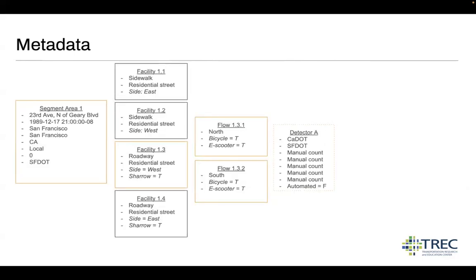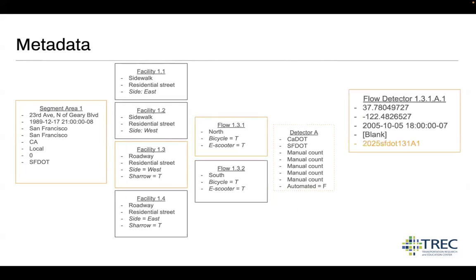Going back to our San Francisco example, tracing the relationship from the segment area level down to the flow, combining it with the detector information, you will see that you can have multiple flow detectors.